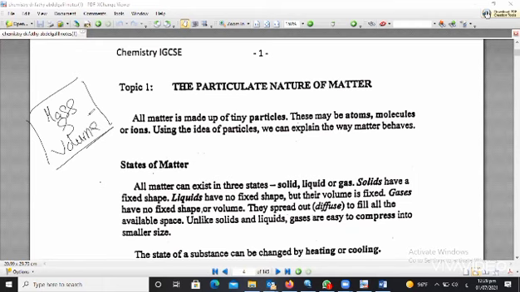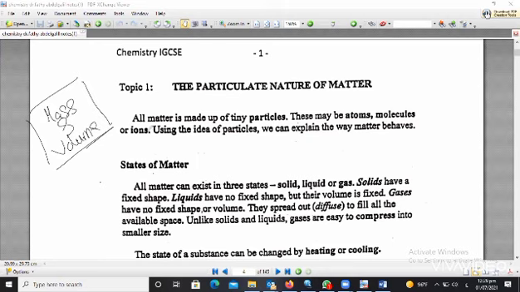So, am I considered a matter? Yes, I'm considered a matter. You are considered a matter? Yes. Any object, whether living or non-living, that has a mass and occupies a certain volume in space is considered a matter.